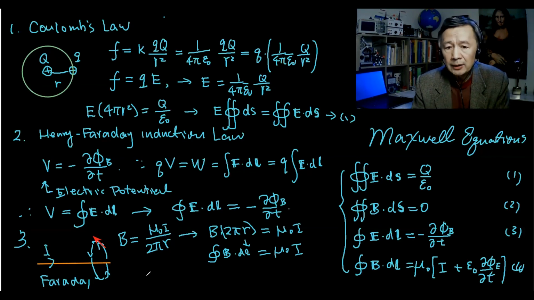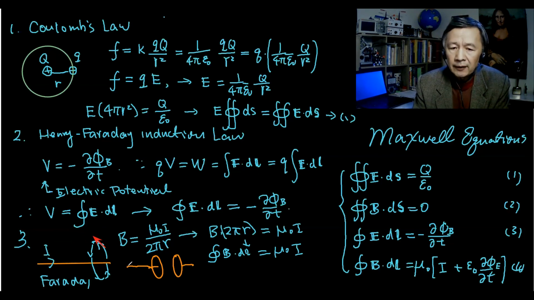Maxwell argued that if the wire is connected with a disk, and this disk is connected with another one, then if you set up this apparatus, there must be an electric field between them.